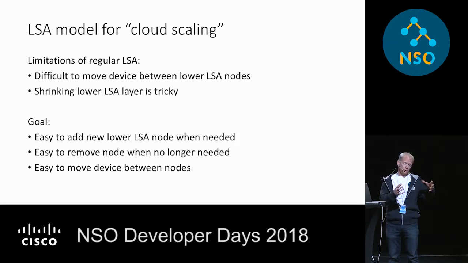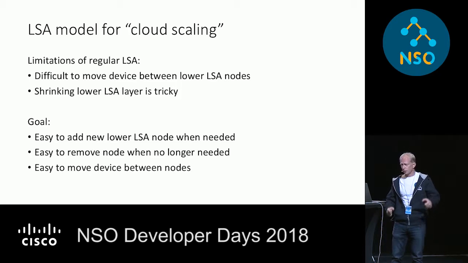Then you end up in a constrained environment where your existing node sort of gets filled up. You can potentially not do what you want to do. So in that case, it would be nice to be able to load balance them, add another lower layer, and then just divide the nodes among them.